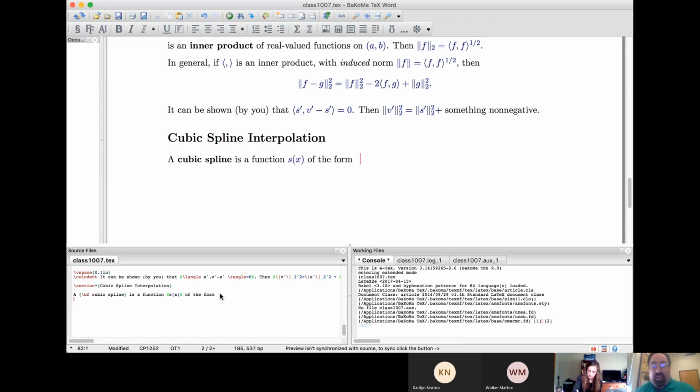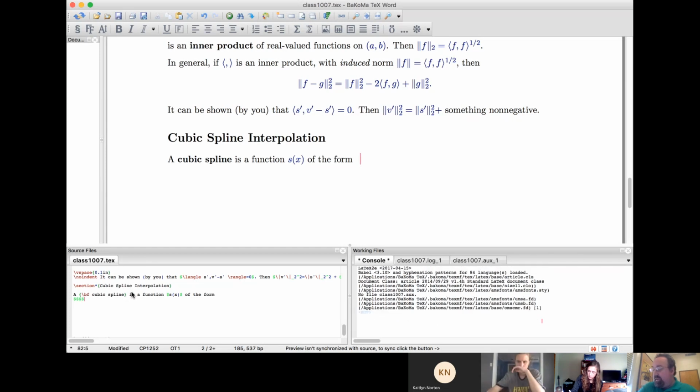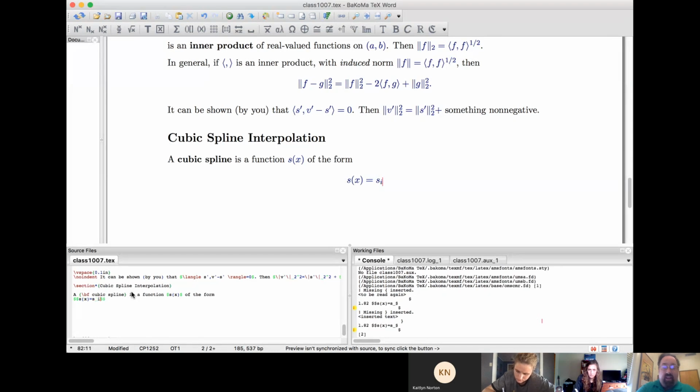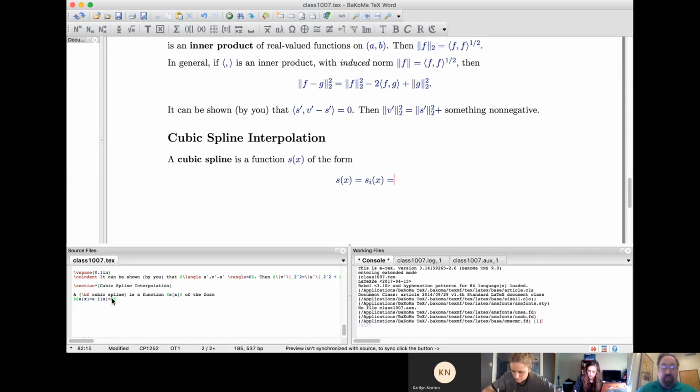So what I'm going to give is the definition of a spline, or a formula for it, on each piece. Okay, so we have s of x is equal to, on each piece, s_i of x, so sort of piece number i.